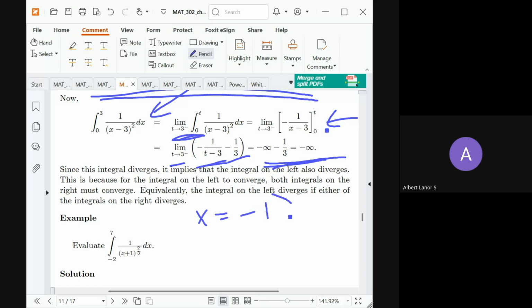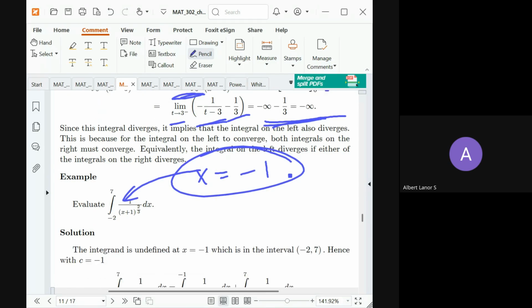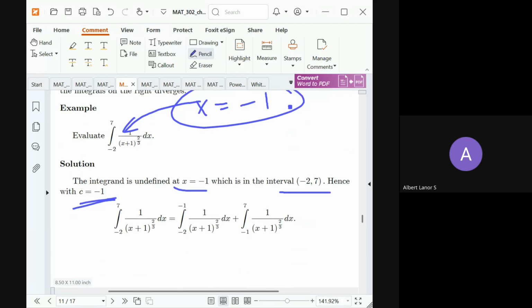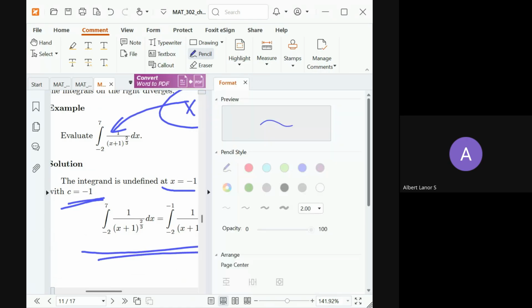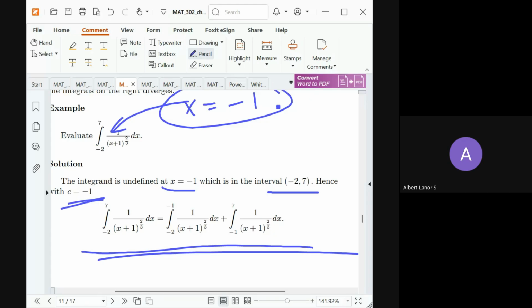But x equals minus 1 is in this interval from minus 2 to 7. So we'll have to break it. So x is minus 1, which is in the interval minus 2 to 7, so we have to call our c minus 1. Now, when you find your c to be minus 1, then you write these two integrals. Then you start to integrate them.